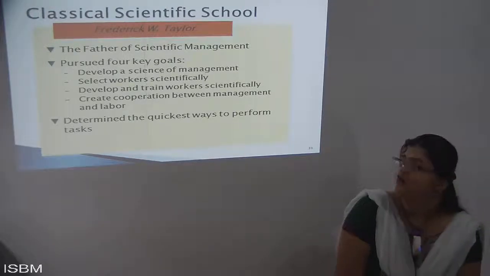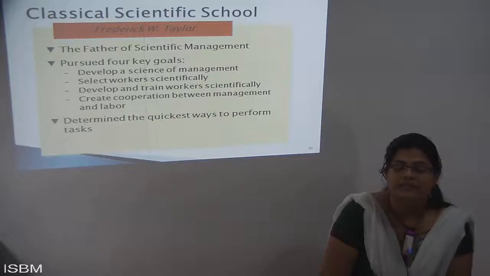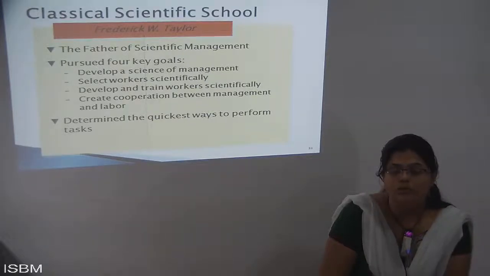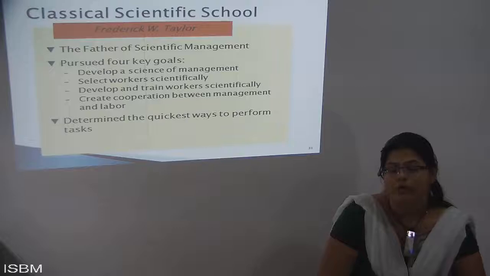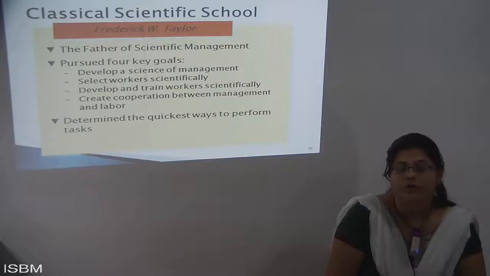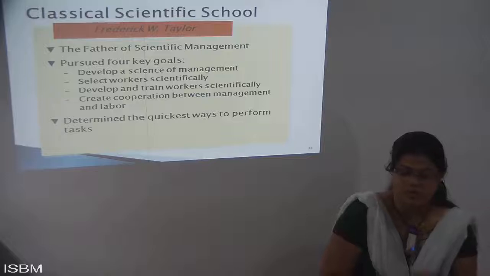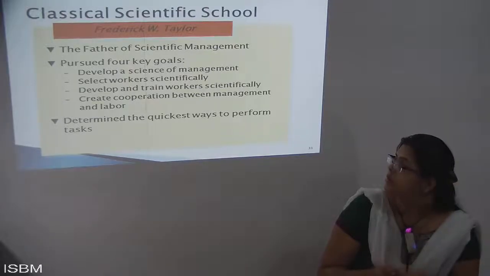Next, select the workers scientifically. If you want to allot a certain task to the workers, you need to identify them in a scientific way. You need to see whether the workers in the organization are working in the right direction or not. Next, develop and train workers scientifically.